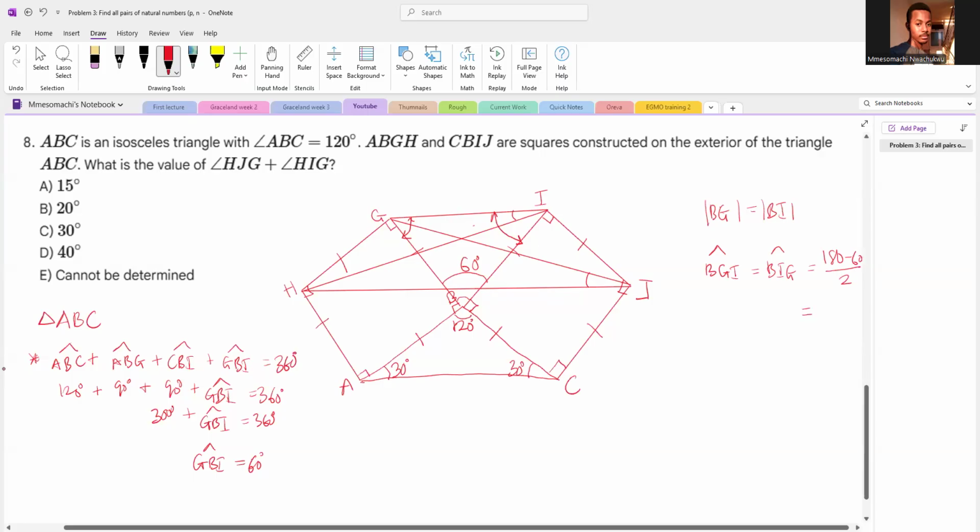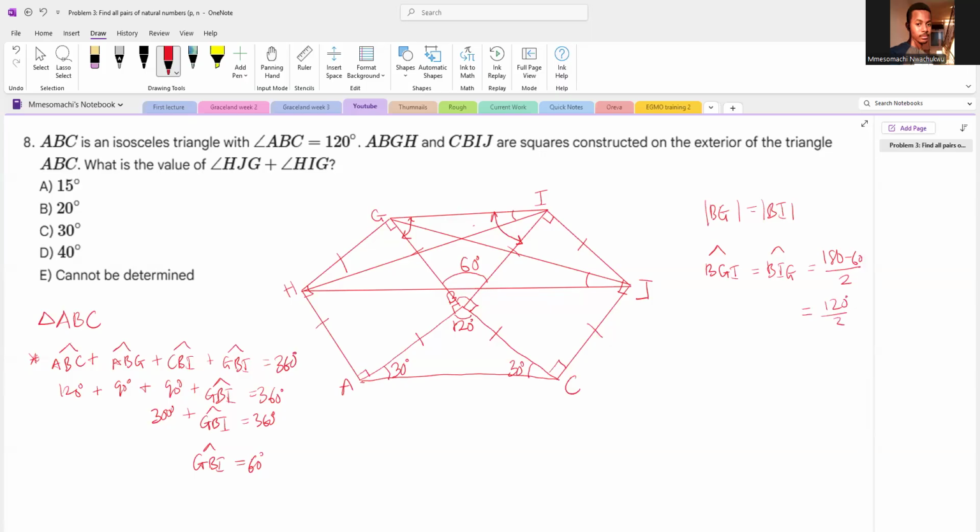This is 120 degrees divided by 2, which equals 60 degrees. So these two base angles are 60 degrees each. What does that imply? It implies that triangle BGI is equilateral. So the next important step: triangle BGI is equilateral.